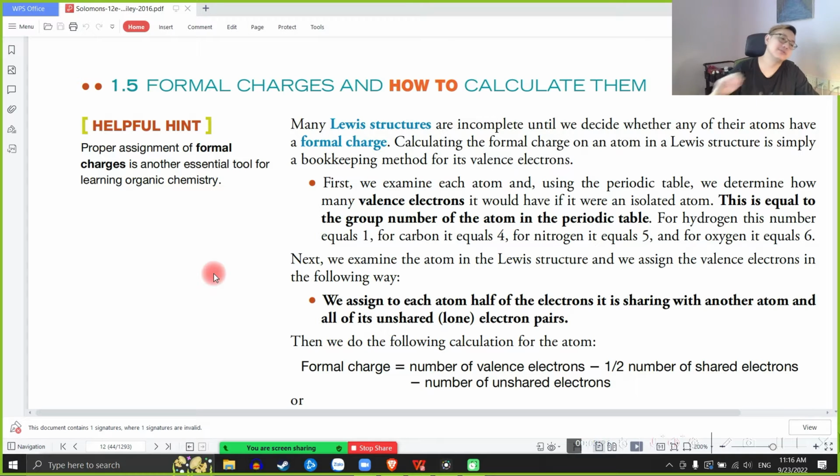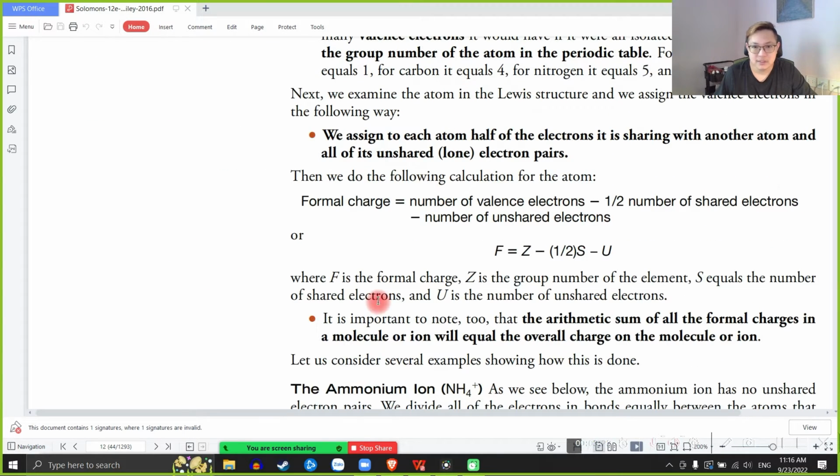So basically there's a formula here. Formal charge equals the number of valence electrons, minus half of the number of shared electrons. So look at the bonds, count those shared electrons and divide by half. And then minus the number of unshared electrons, which are the lone pairs.